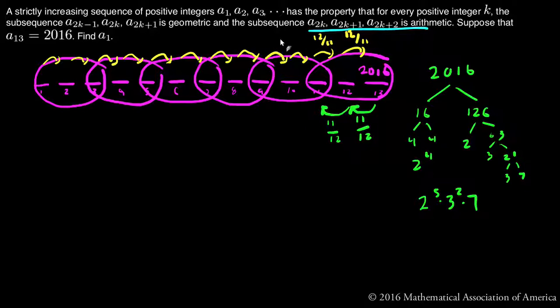Working backwards, this is going to be 11 over 10 and 11 over 10. And I keep on going. 10 over 9, 10 over 9, 9 over 8, 9 over 8, 8 over 7, 8 over 7, 7 over 6, 7 over 6.